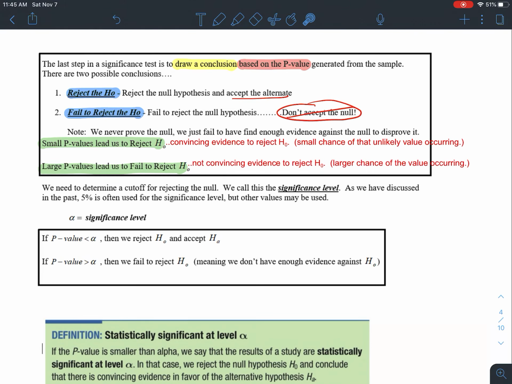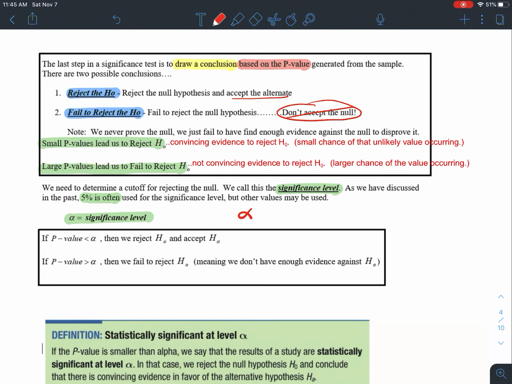Okay? Now, there are significance levels to these significance tests. It is often 5%. The significance level is denoted by the Greek letter of the alphabet, alpha. It is often 5%, but sometimes in problems they will name it as being 1% or 10%.